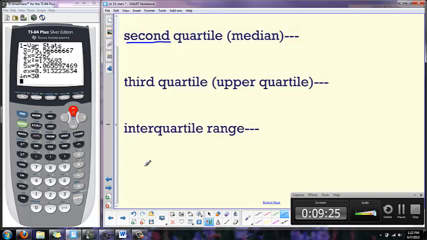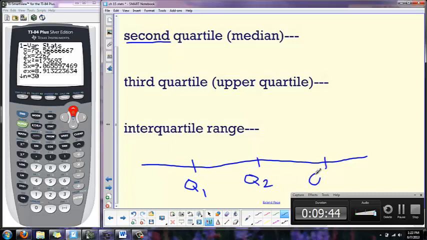Let's just pretend that these are all the points of our information that we have. Well, we have first quartile, second quartile, and third quartile. The second quartile right here is just the median. It's the middle point of all of the information.